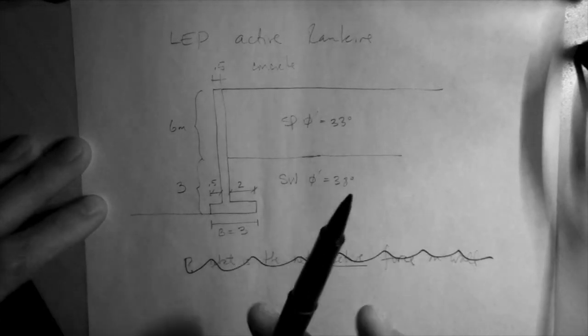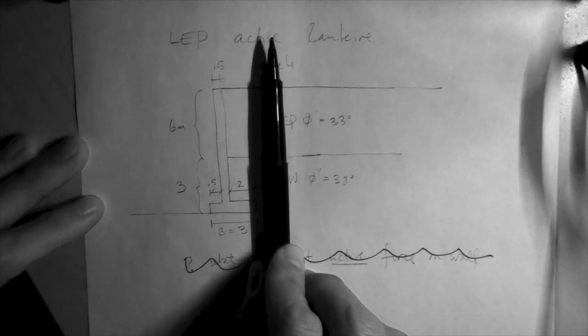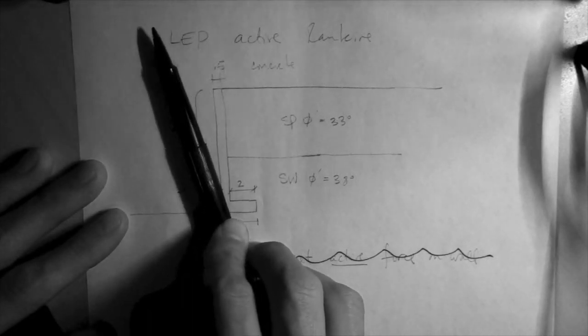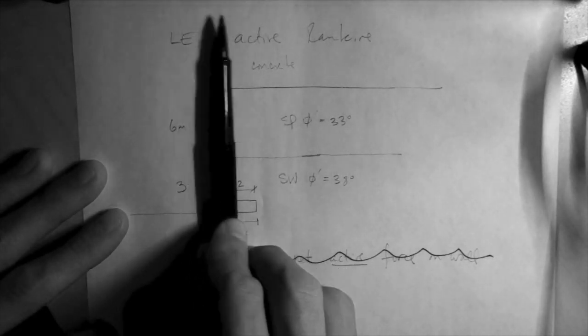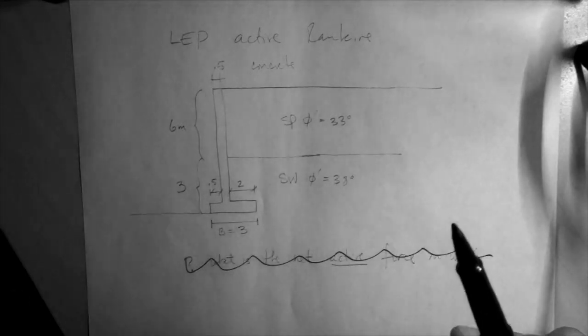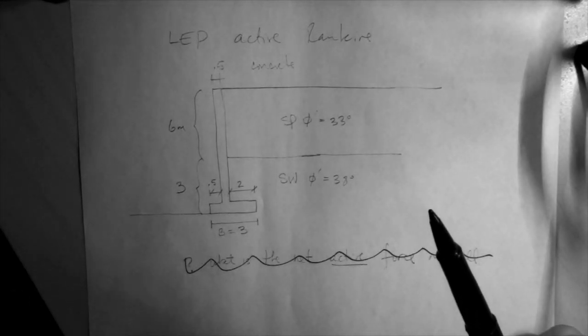Overturning means that the soil with the same forces pushes the wall out and the wall rotates. If the wall rotates, it does so in response to driving moments.